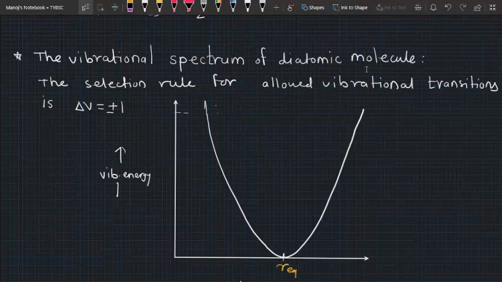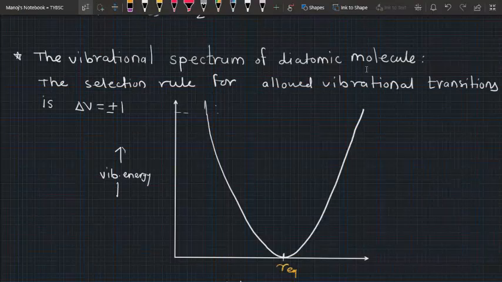Now let us see the vibrational spectrum of a diatomic molecule. According to quantum mechanics, the selection rule for an allowed vibrational transition is delta v equal to plus or minus 1.